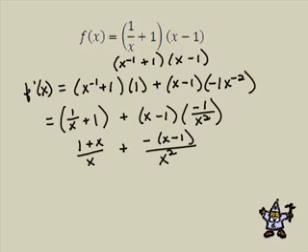If you want, you can just change that plus sign to a minus to get rid of that negative sign up there. Okay, I'm going to get a common denominator. So I'm going to multiply this fraction times x.